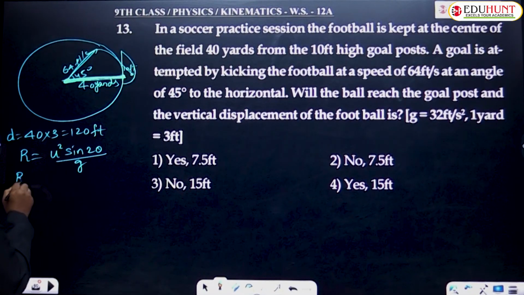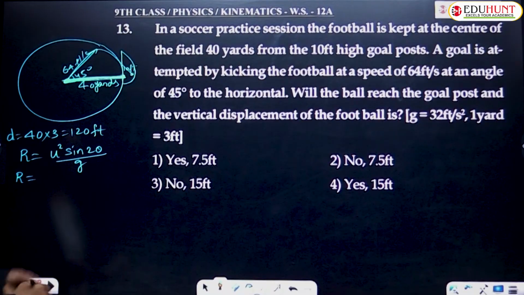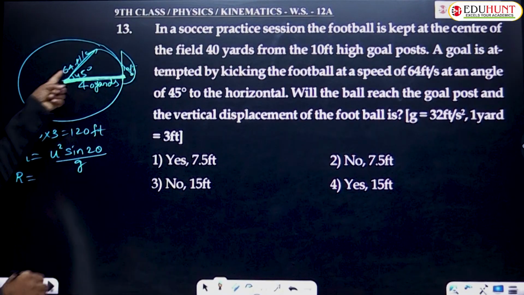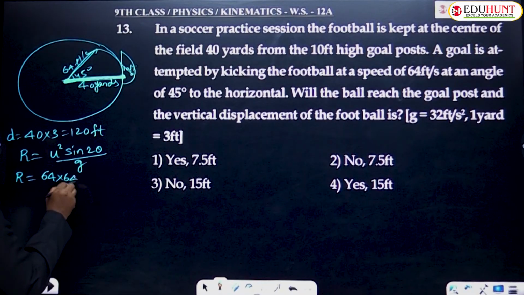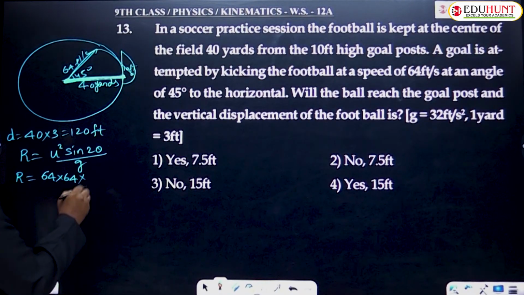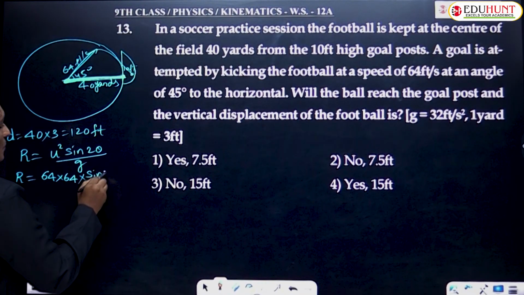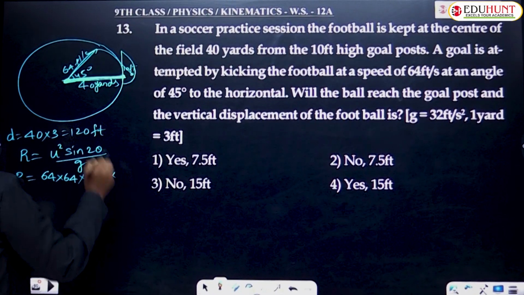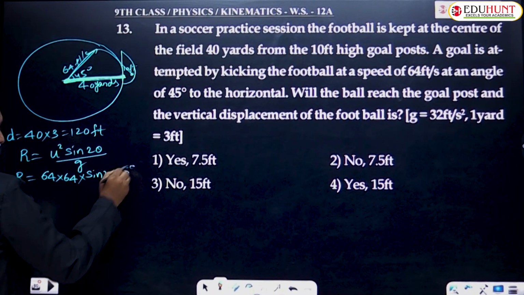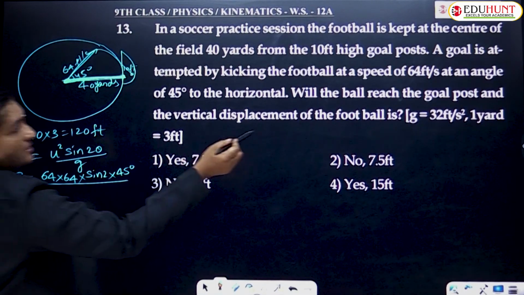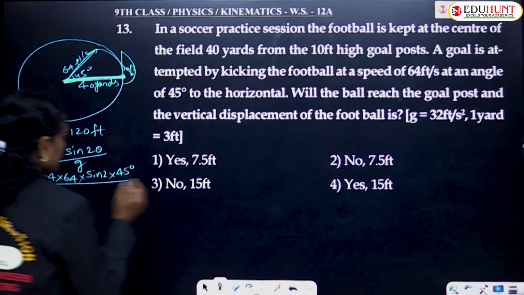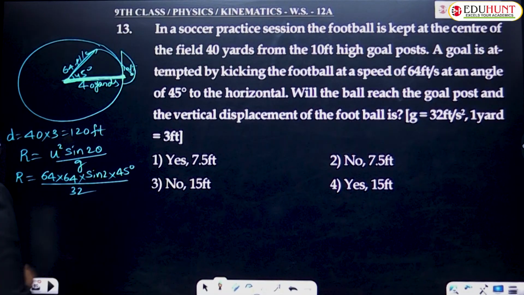So after substituting, you get R is equal to U square. What is the value of U given, children? 64. 64 square means 64 into 64 into sine 2 theta, which would be sine 2 into 45 degrees, upon the value of G, which it was asked to take as 32 feet per second square. So 32. Simplify this, children.